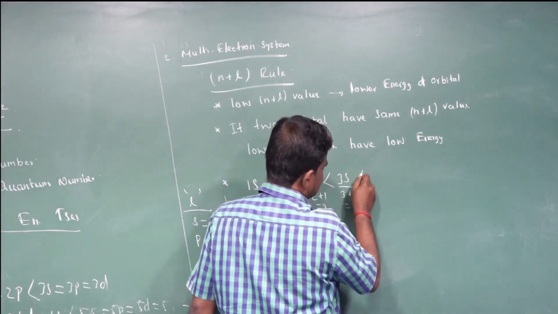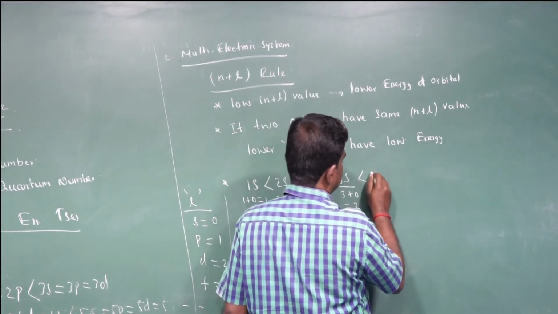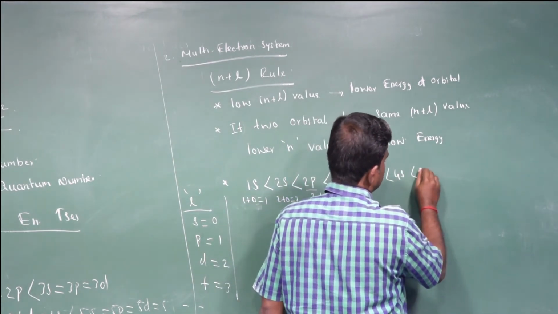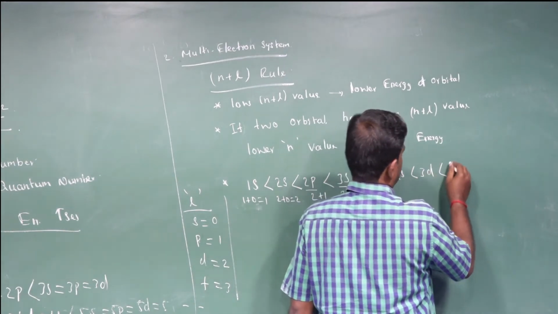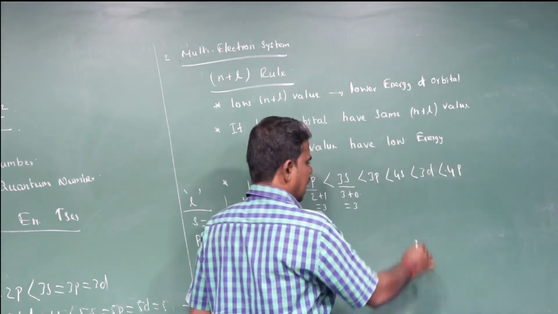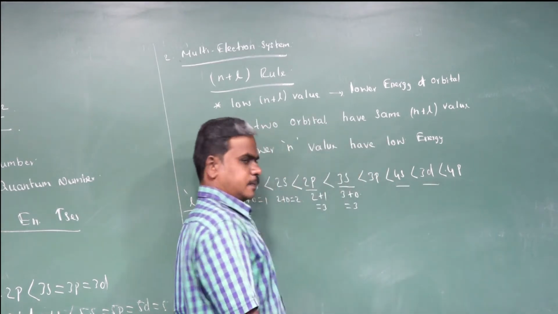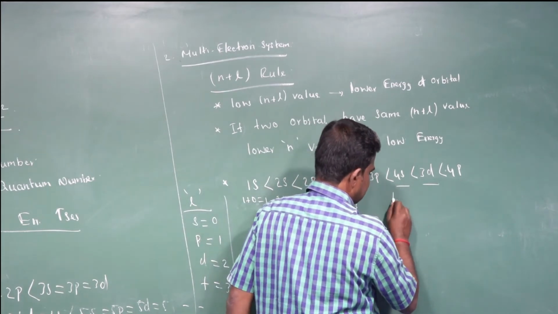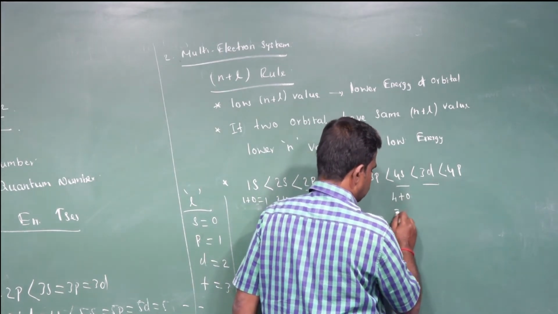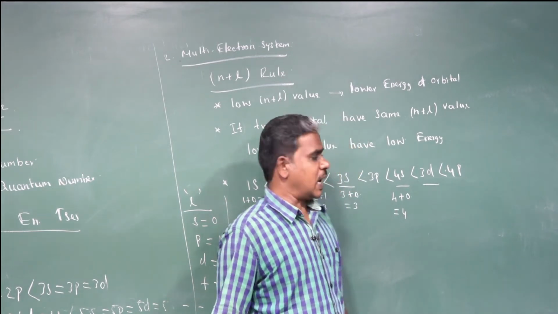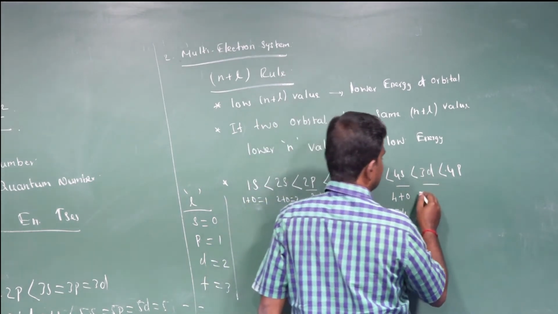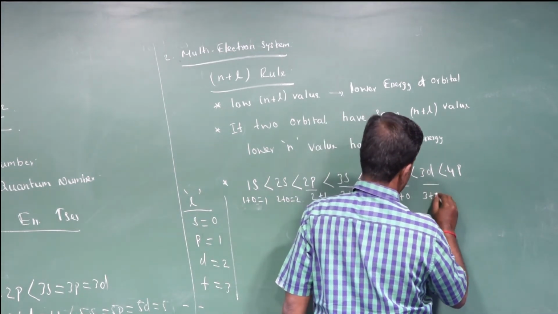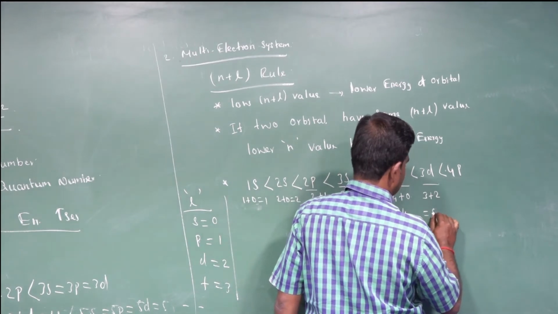Then after 3s, it is 3p, 4s and 4p. Now compare 4s and 3d. What is the n plus l value? For the 4s orbital it is 4 plus 0, so it is 4. For the 3d orbital, n is 3 and d value is 2, so it is 5.